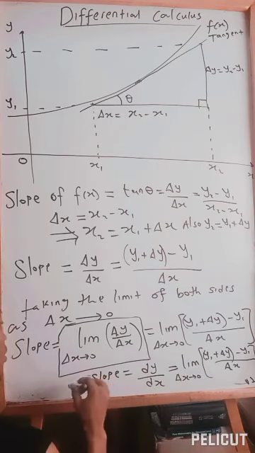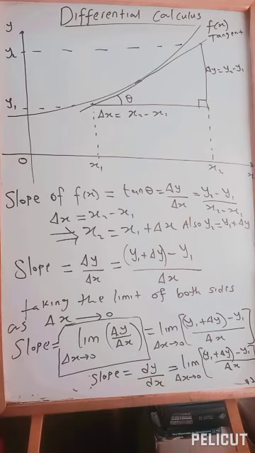So this is the slope, and the slope of this function can be found. The summary of it all is that for you to find the slope of this function, you need to differentiate this function. If you differentiate this function, then you have actually gotten the slope. And this value we obtain here is called the first principle of differentiation.